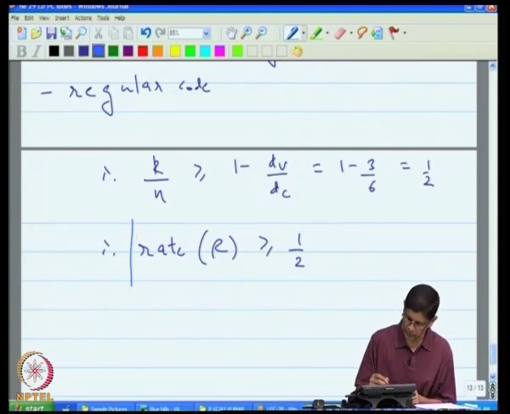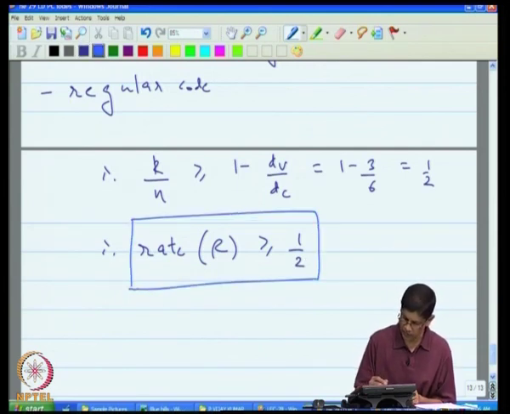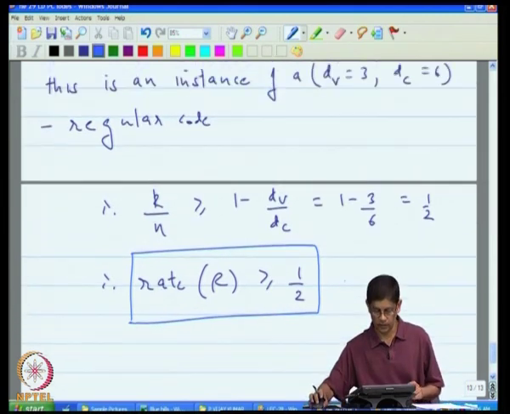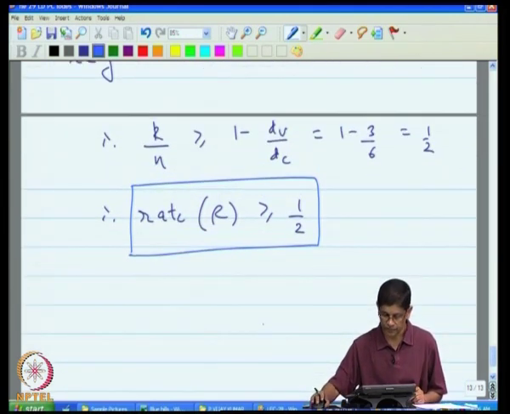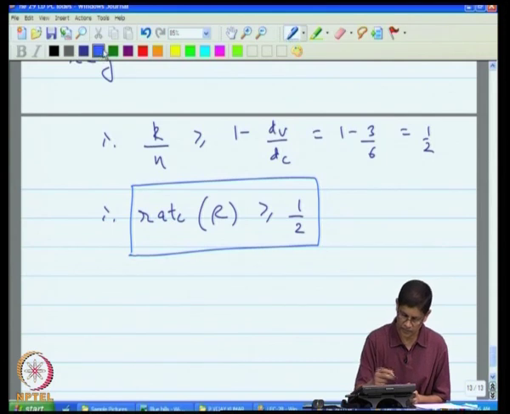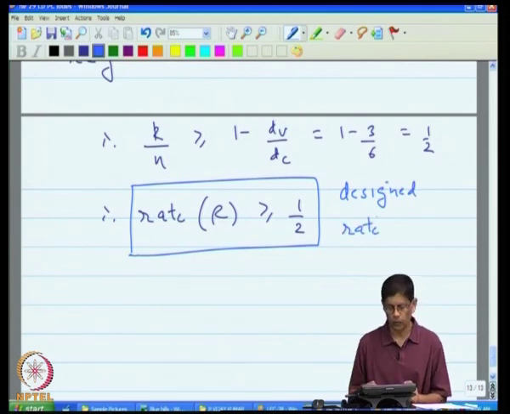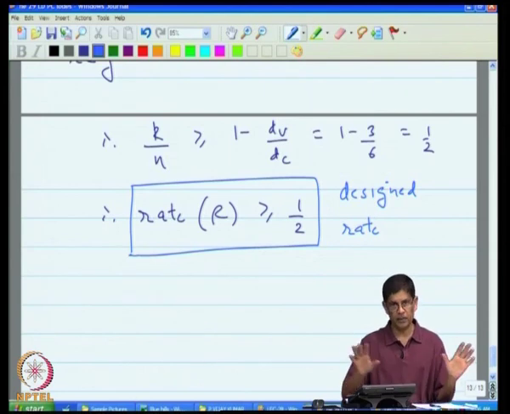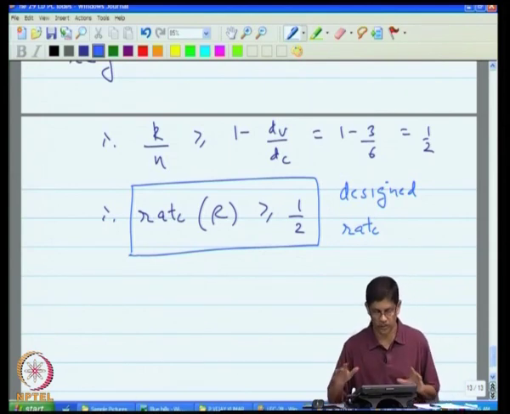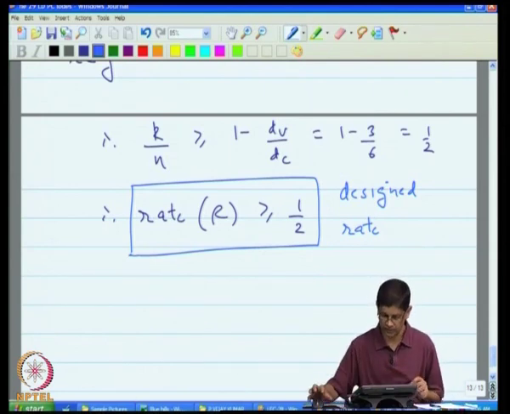The reason we are not able to be exact about it is because we do not require that the rows be linearly independent. And so, in LDPC terminology, this is called the designed rate of the code. And typically people work with the design rate of the code instead of trying to figure out what exactly is the rate.